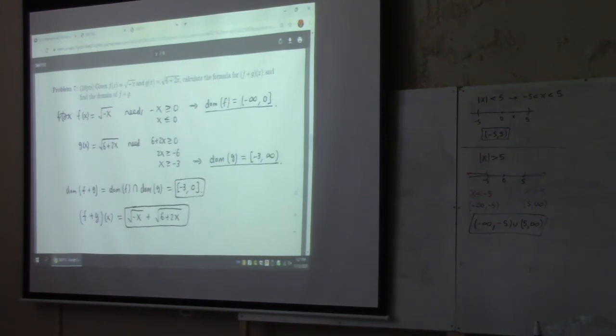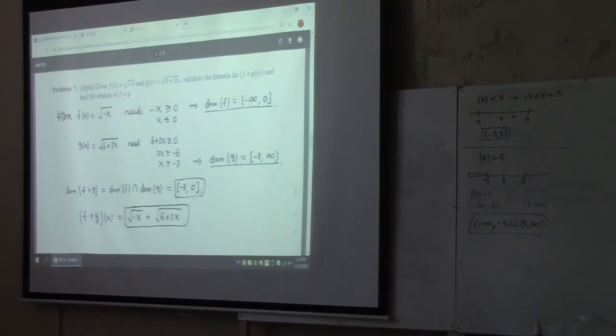So we have to look for x which makes sense for both functions. For minus x, we need that x is less than or equal to 0. And for 6 plus 2x, we need that x is greater than or equal to minus 3. That means we need to be between minus 3 and 0. That's going to be our answer.